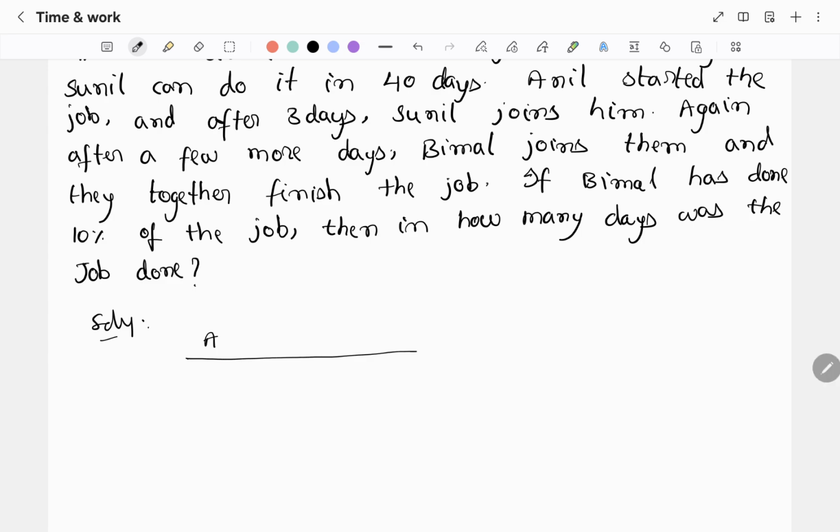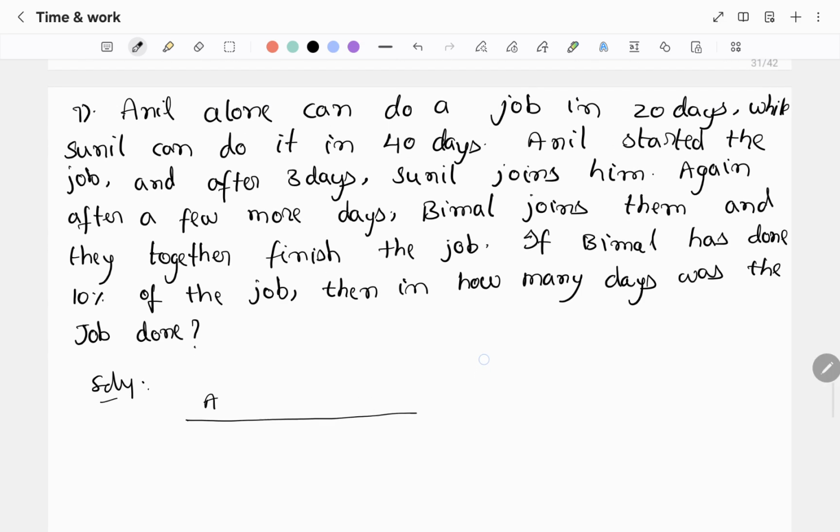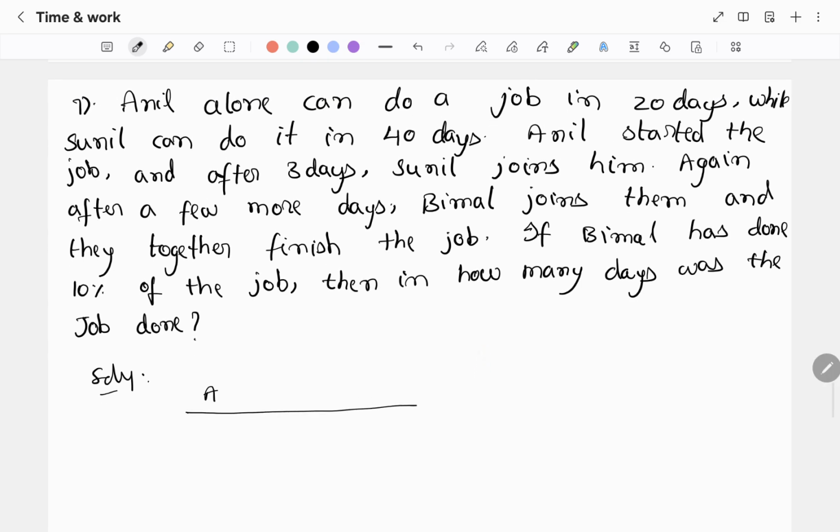Anil, how many days did he work? Initially, Anil alone can do it in 20 days, while Sunil alone can do it in 40 days. Anil started the job and after 3 days, Sunil joins him, means Anil and Sunil here. They didn't say in how many days they're going to complete some part of the work.